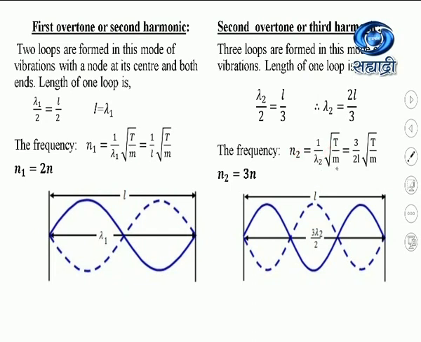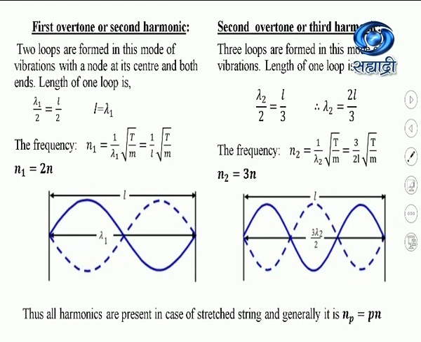V is the square root of T upon m, and lambda 2 is 2l upon 3, substituted in the denominator. So n2 is equal to 3 upon 2l into the square root of T upon m. Comparing this with the fundamental frequency, we get n2 equal to 3n, that is the third harmonic or second overtone.